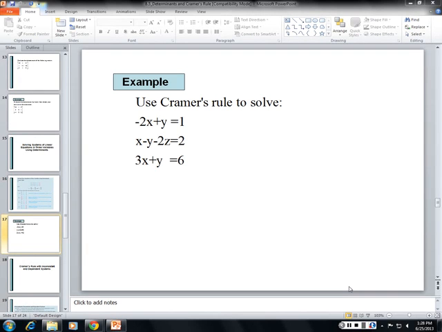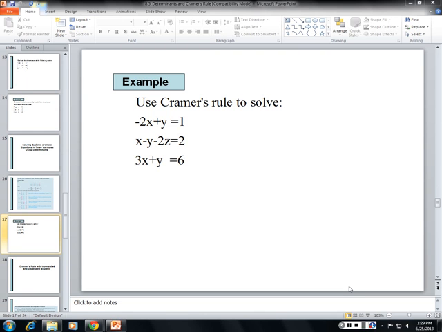Okay. So that is dz. Now dz, we'll have the same column for the first two columns. So we'll have the same element like d. Last column is going to be replaced by 1, 2, 6, which is the column for z. We just replace it by the coefficient.